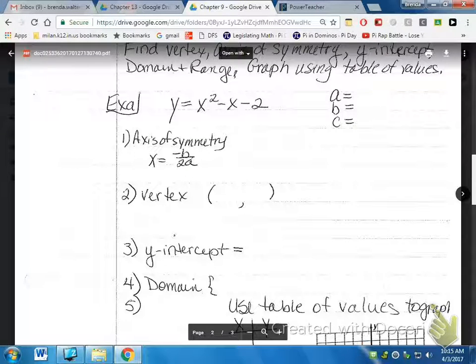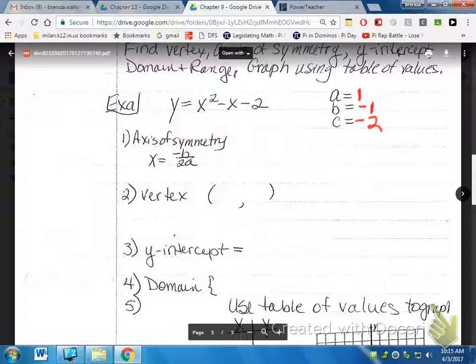Y equals x squared minus x minus 2. Okay, A, B, and C. What do you think the value for A is? Any ideas? 1. What's the value for B? Good. -1. And what's the value of C? -2.